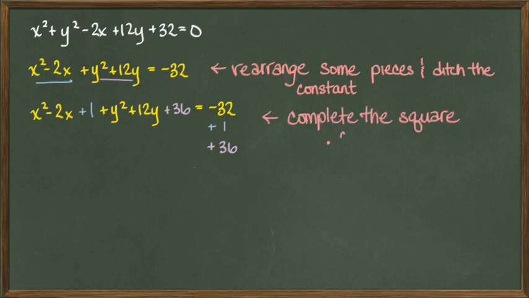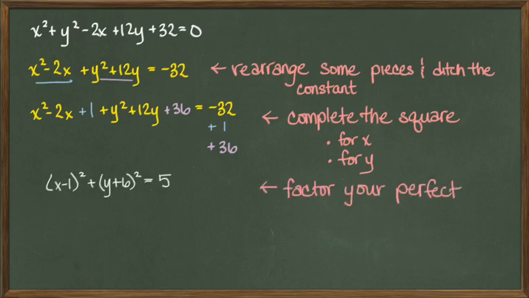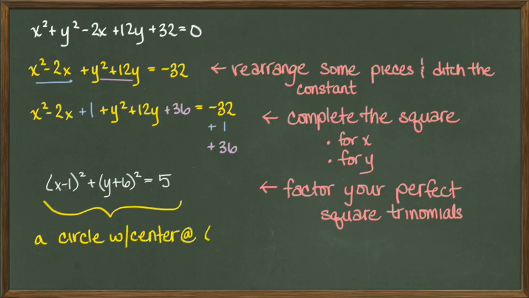I've now completed the square both for x and for y. I'll factor those trinomials that I created, one in the x variable, one in the y variable, and that leaves me with my standard form equation of a circle. That is, in fact, a circle with a center at (1, negative 6) and a radius of the square root of 5.